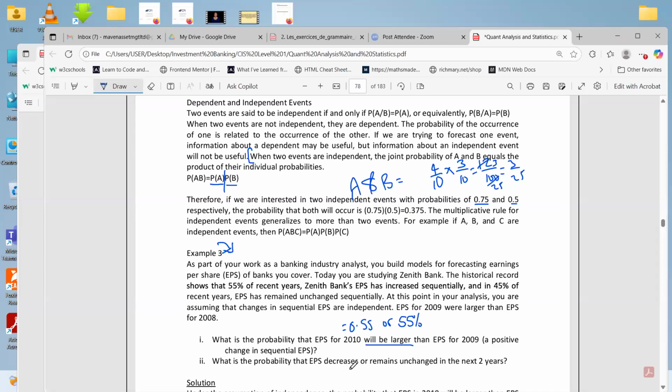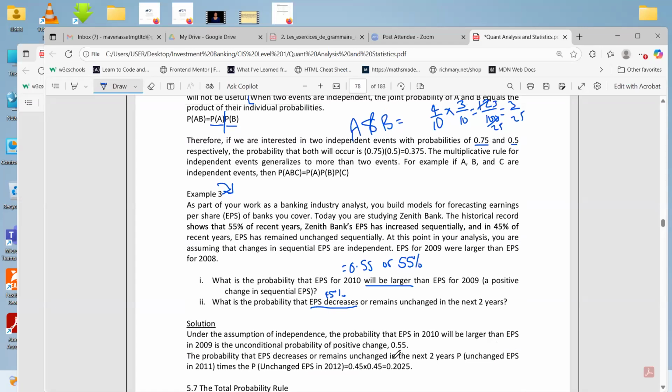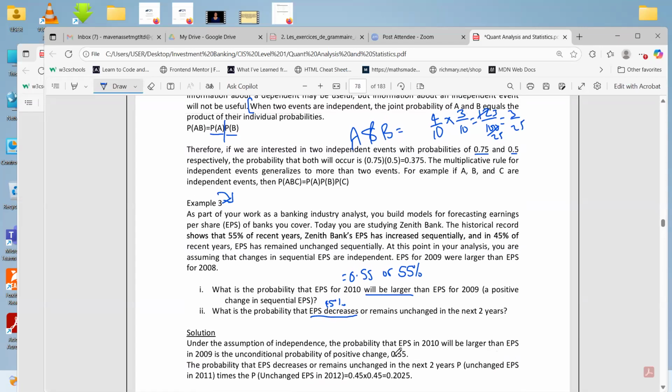Now, what's the probability that EPS decreases or remains unchanged in the next 2 years? So, what's the probability of EPS decreasing? 45%. Or remains unchanged?